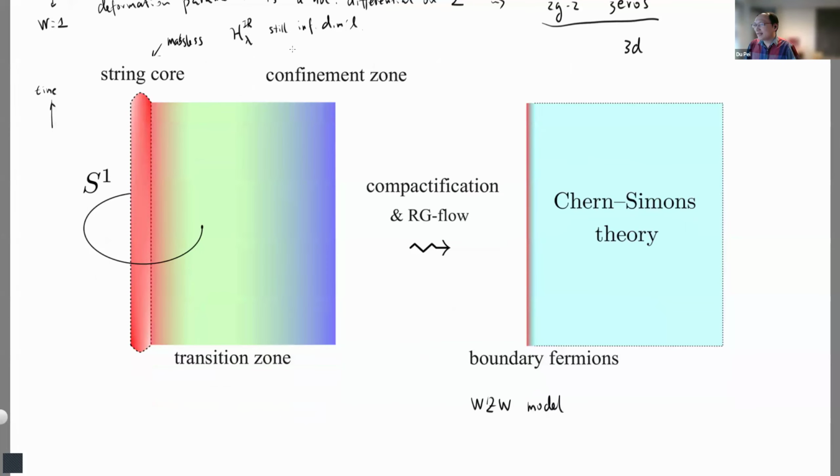Therefore, the coupling between the boundary and the bulk is just modeled on the coupling between Chern-Simons theory and the boundary fermions. And then we know how Wilson lines in Chern-Simons theory act on the Hilbert space of the WZW model.